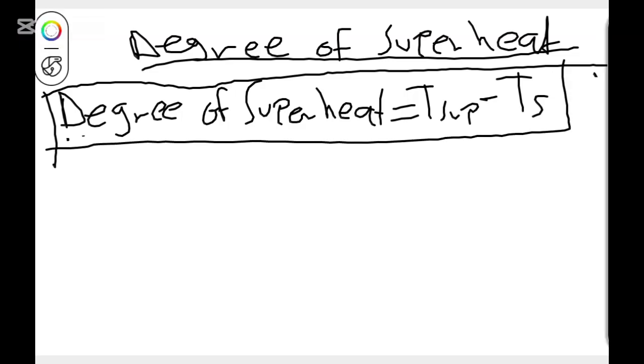So this is the formula. This means that the difference between the superheated temperature and the saturation temperature is what the degree of superheat is.